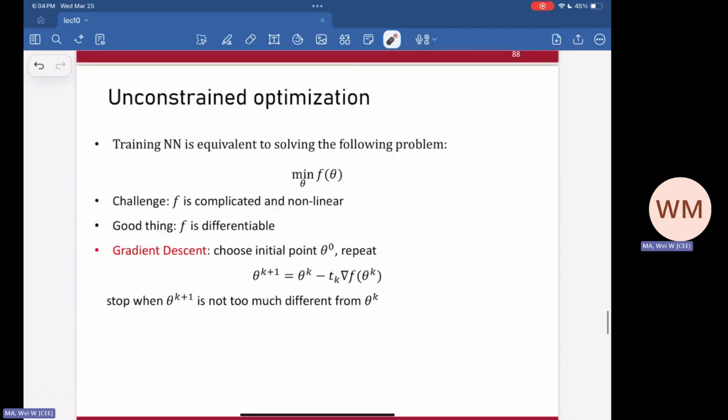Then you can see what we are doing is just a minimization problem. We want to minimize the loss by changing the parameters in the neural network. Parameters include weights and biases, and there are millions and billions of parameters in the neural network, but they are just parameters, right? If you still remember, we have learned gradient descent.